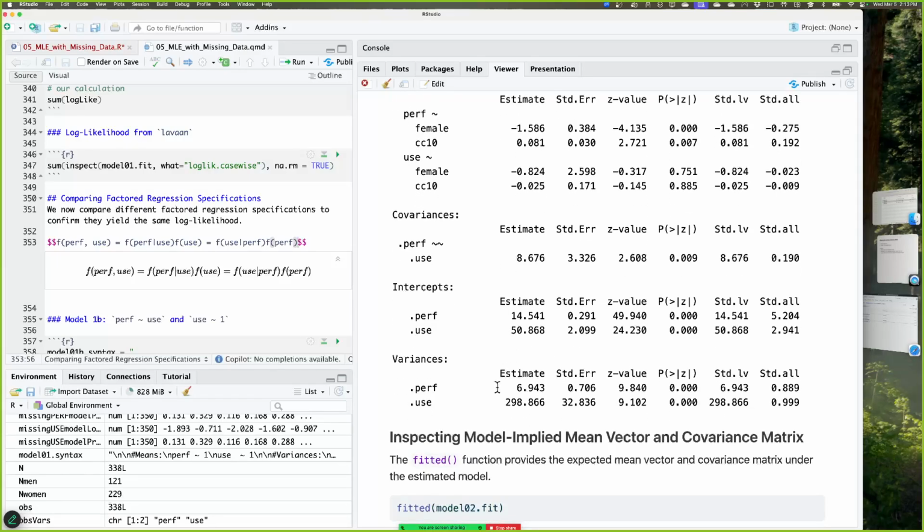Now we have residual variances. We can use that to calculate R squared. And finally, we have a residual covariance. Now, a residual covariance is an interesting term. If you had estimated both of these regressions separately using maximum likelihood, you may get very similar estimates depending on what data are missing versus which are not. But you wouldn't have a residual covariance.